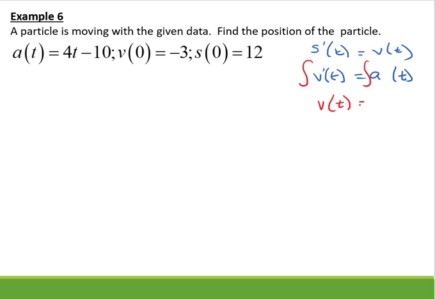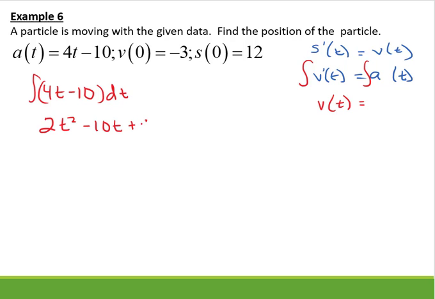If I take the antiderivative of this with respect to t, because that's my variable, I have 2t squared minus 10t plus c. The antiderivative of acceleration is my velocity function.